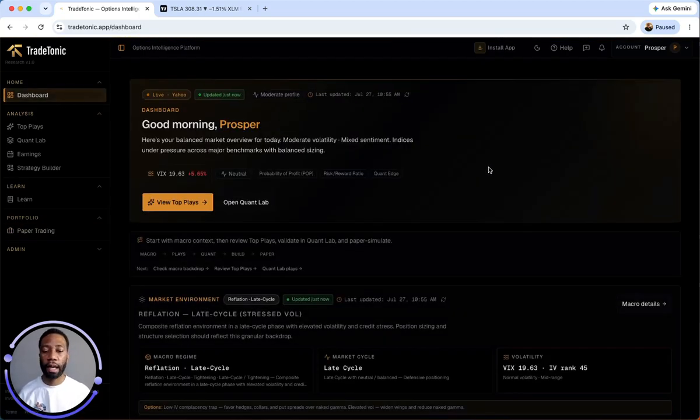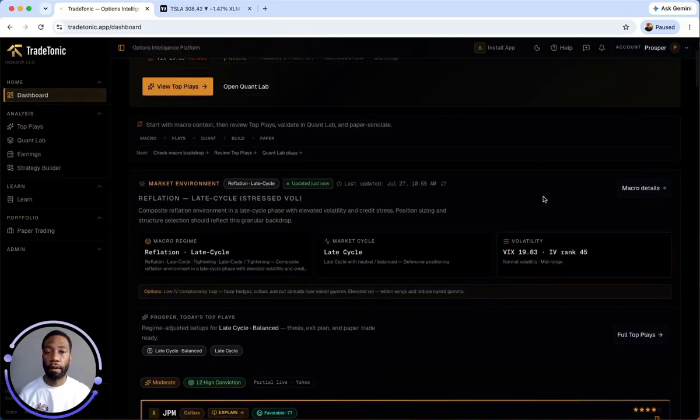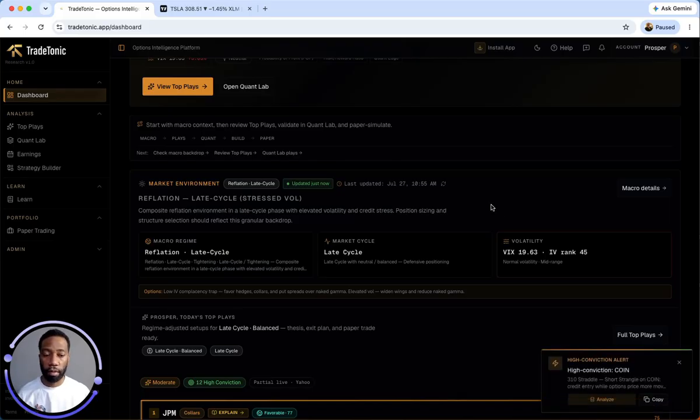The last time we were in the dashboard last week, the market environment was mostly a stagflation, late-cycle regime. We know the Fed is coming out with an FOMC meeting this Wednesday, so this is something we want to keep in mind. We've moved from stagflation to more of a reflation market environment, based on the macros.